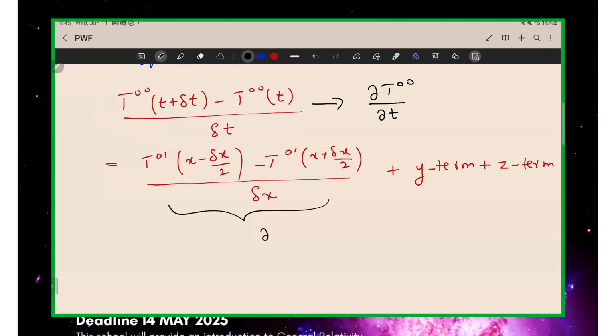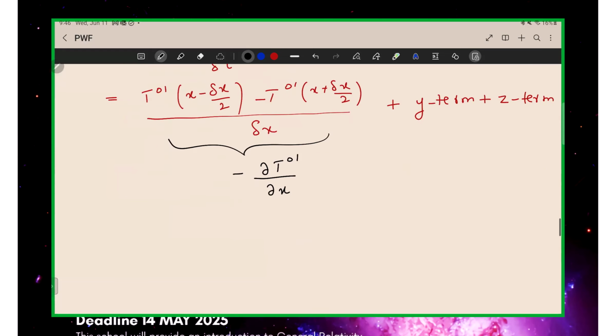Well, this becomes partial T01 divided by partial x, but with the negative sign. Why? Because this term is coming first. When you define a derivative, the x plus delta x term comes first, then the x minus delta x over 2 term comes later. But this has the x plus delta x over 2 term after the minus sign. Therefore, you get this minus sign in the derivative.